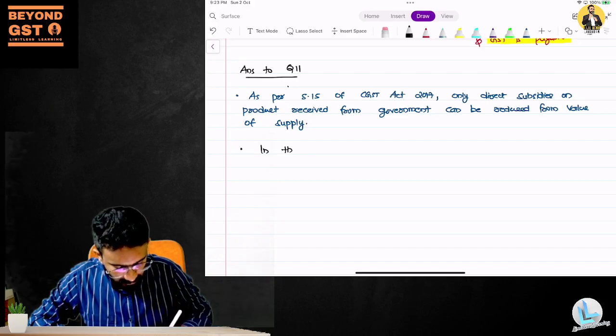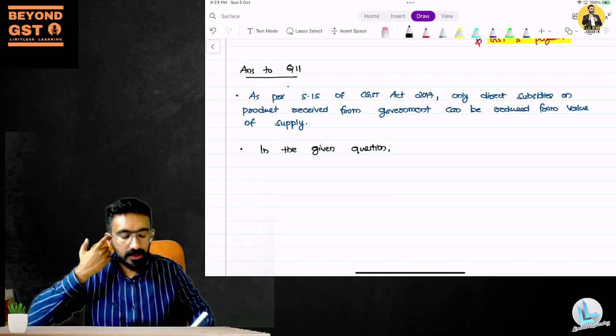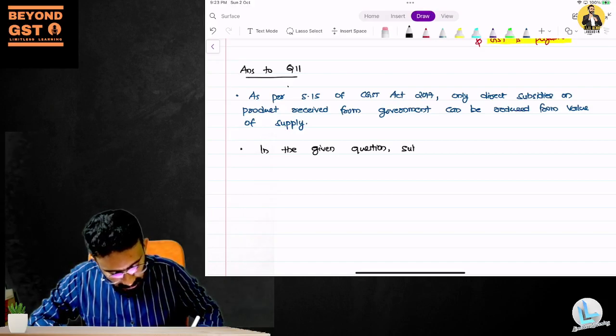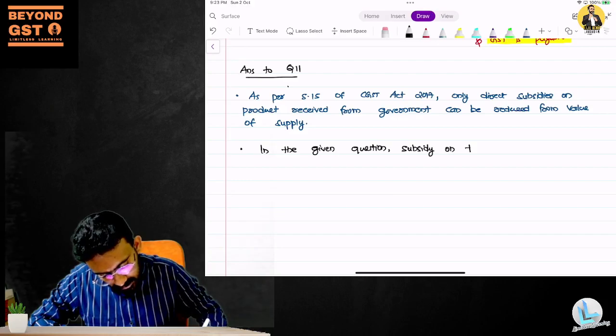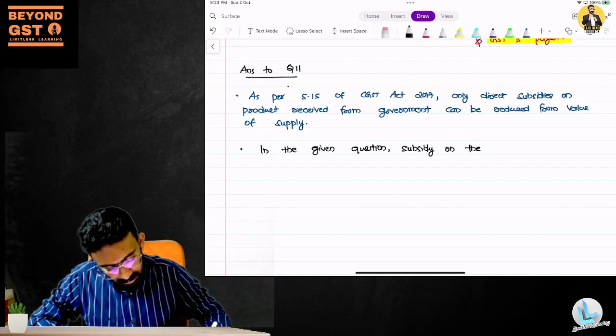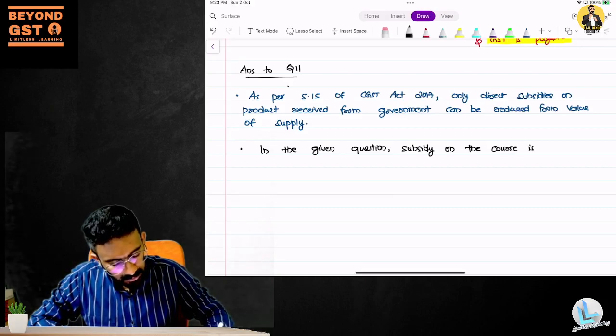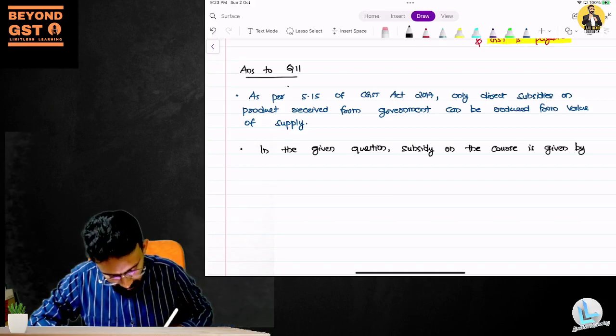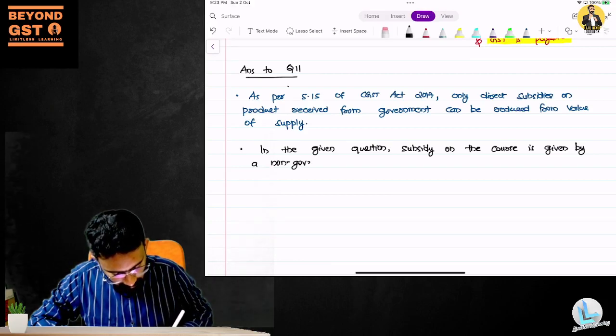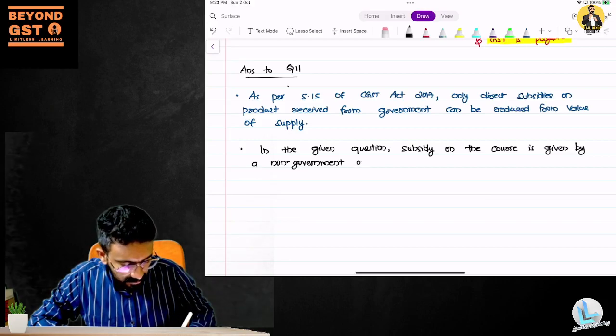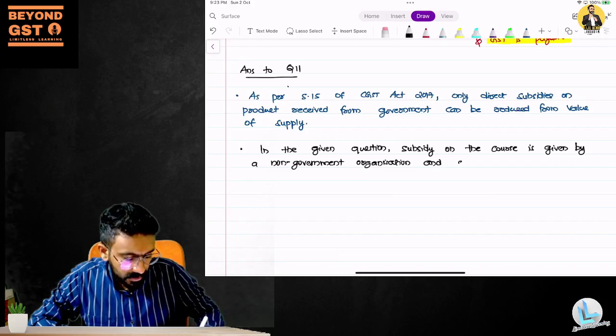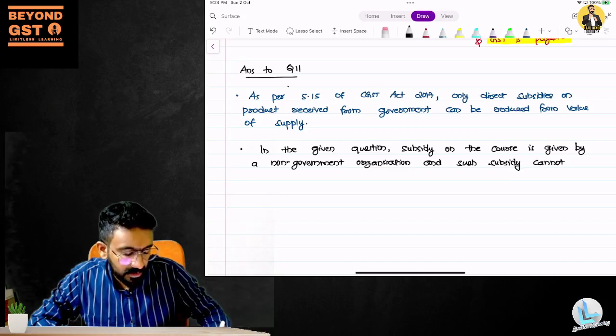The given question, the subsidy, the course is given by a non-government organization, and that subsidy cannot be excluded from value.